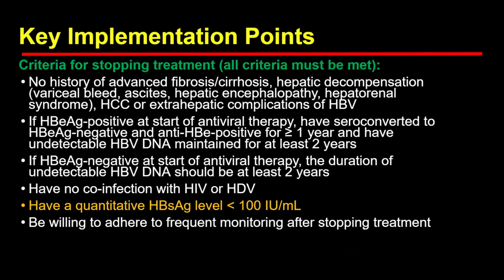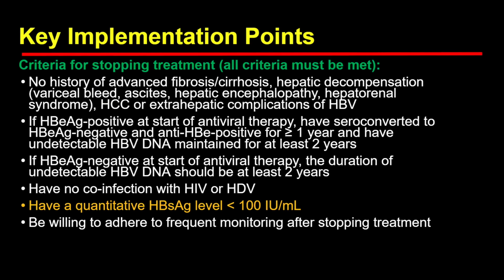So although the AASLD takes a somewhat conservative viewpoint in terms of discontinuation of treatment, there are patients who do wish to discontinue treatment, and the guidelines provide criteria for stopping antiviral treatment. And notably, all these criteria must be met before an individual can be discontinued from therapy. I'll just quickly review these with you.